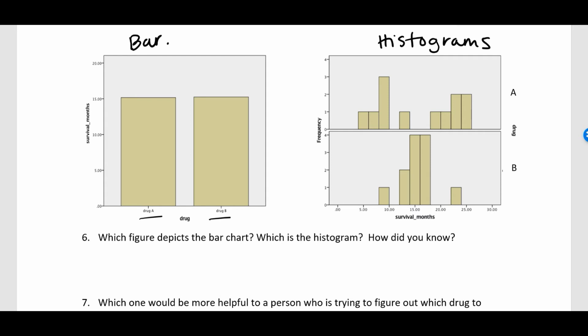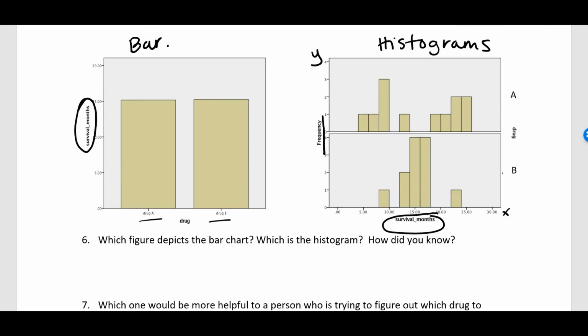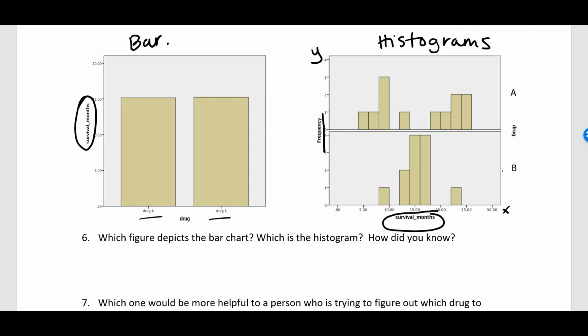We have frequency or count on our y-axis, and survival months on our x-axis. One thing you should note here is that what we have here, survival months, is what we have down here, survival months. This is going to play out in a couple of questions.